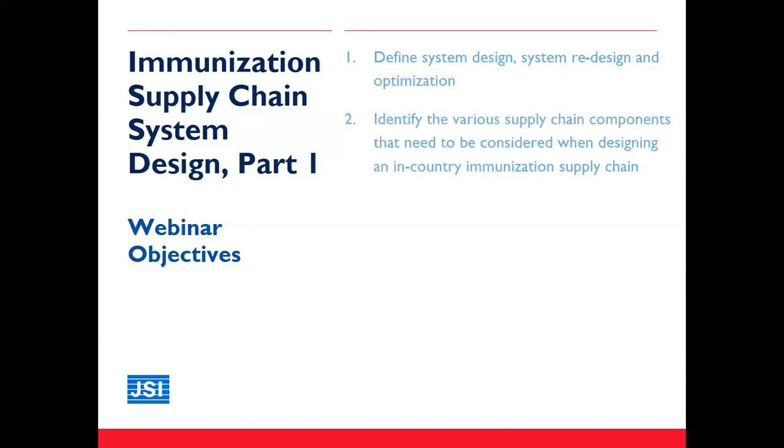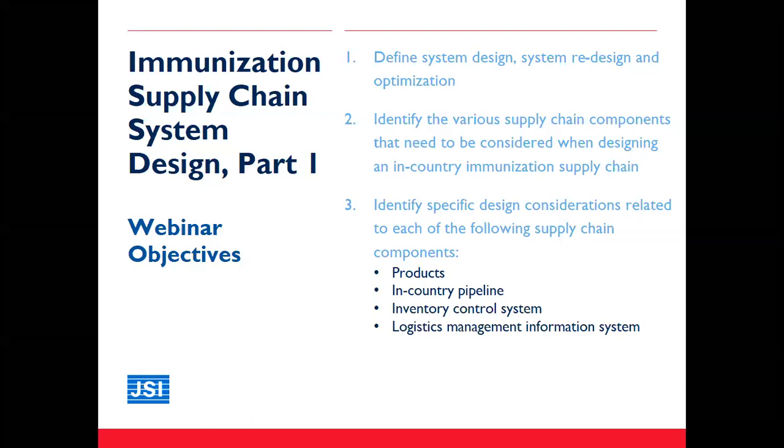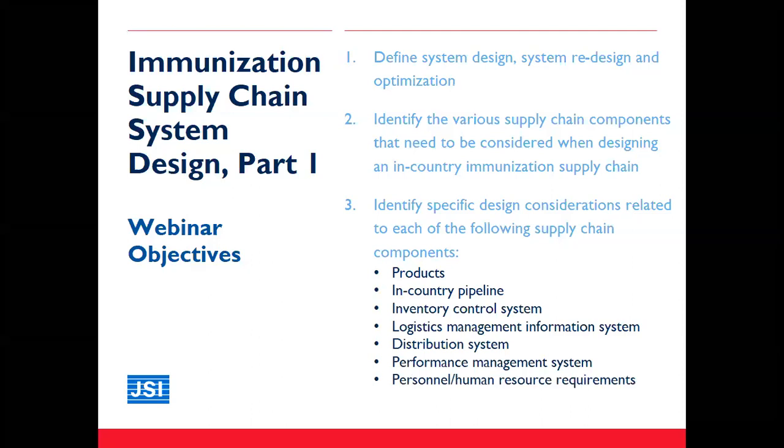Our additional objectives are to identify the various supply chain components that need to be considered when designing an in-country immunization supply chain, and to identify specific design considerations related to each of the following supply chain components: the products, the in-country pipeline, and what that design should look like, inventory control system, the logistics management information system, distribution system, performance management system, and last but not least, the personnel and human resource requirements.